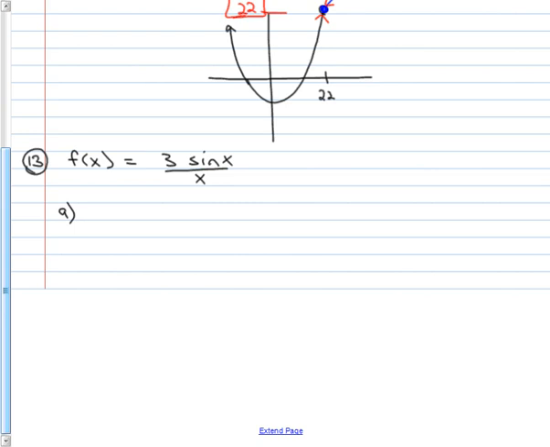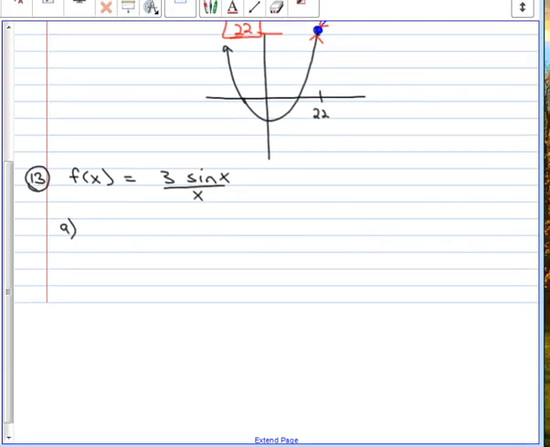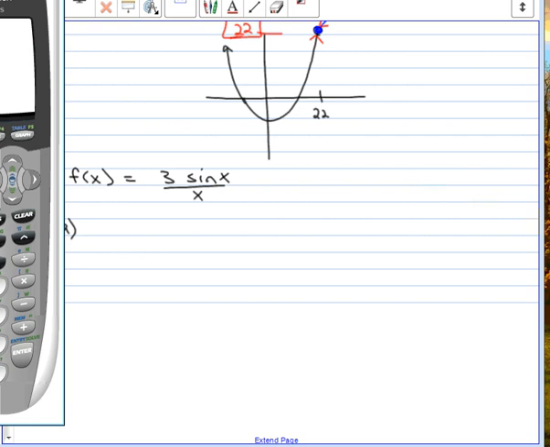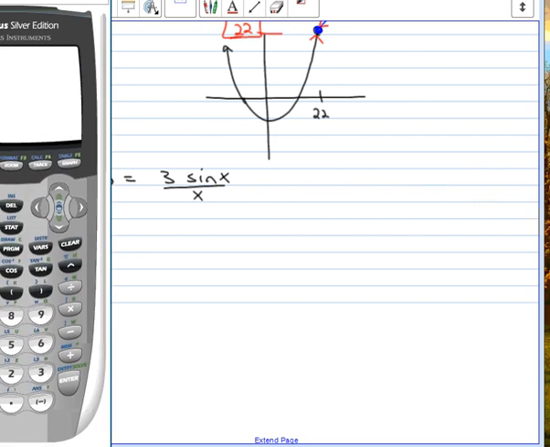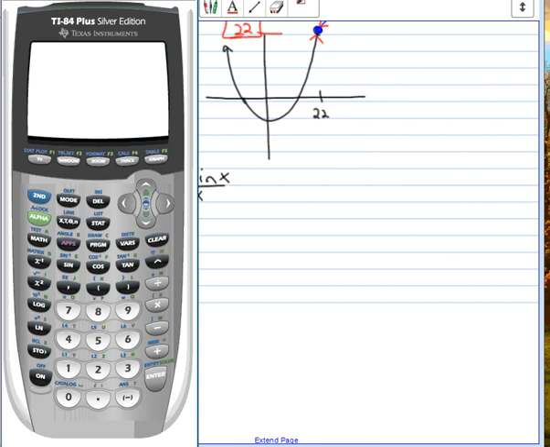Well, we better look at that graph. Probably don't graph that one by hand very well. Y equals 3 sine x, I need parentheses, divided by x.